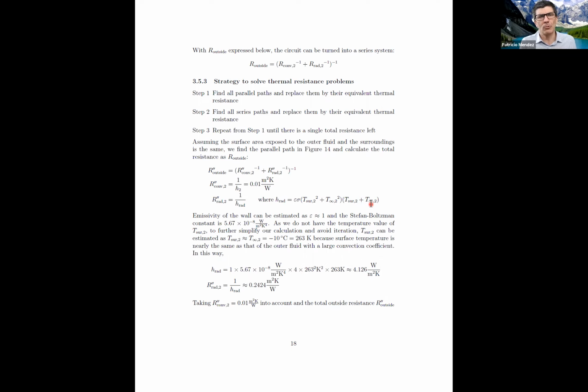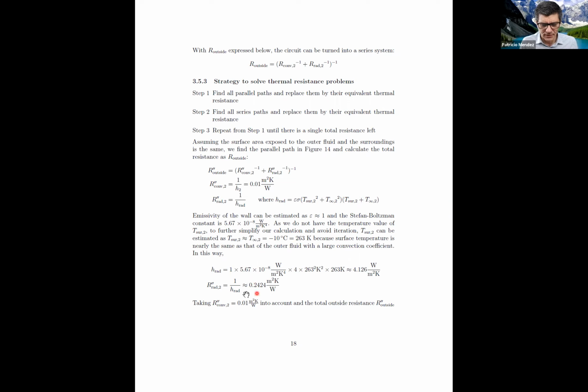So the surface of the wall was more or less at the same temperature of the fluid, of the air outside. So if I assume that temperature, that is what we put here, we can calculate an h radiation that is approximate because I don't know the exact value of the temperature of the wall. And it gives us 0.2424.